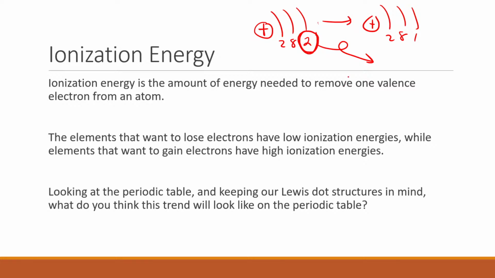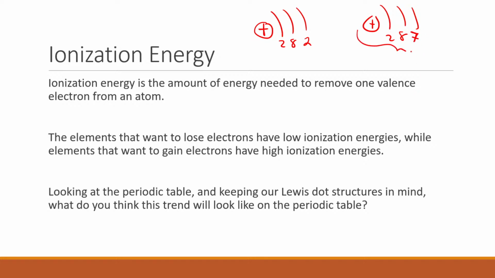For some elements, right, especially the ones who have low numbers of valence electrons, they want to lose their valence electrons. They want to go down to 0. And so losing a valence electron is not something that will be difficult for them. But on the other hand, we could have elements that have high numbers of valence electrons.